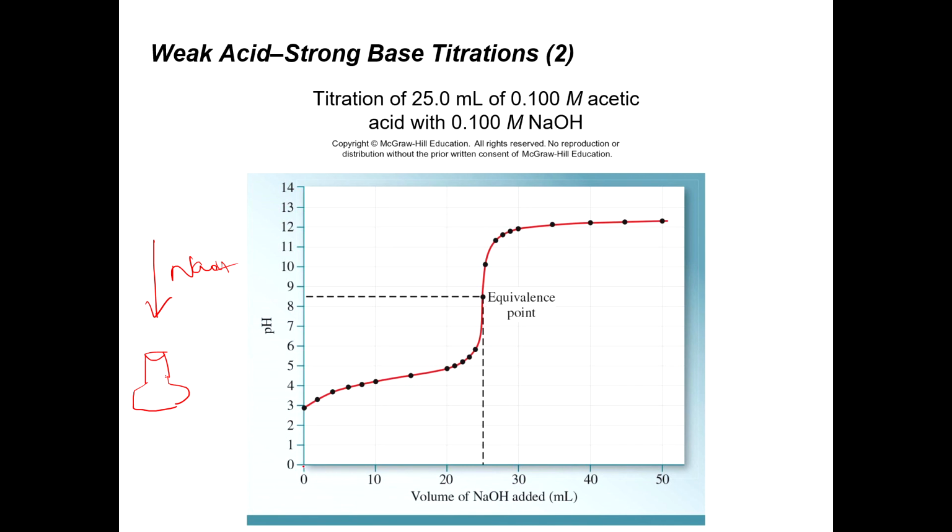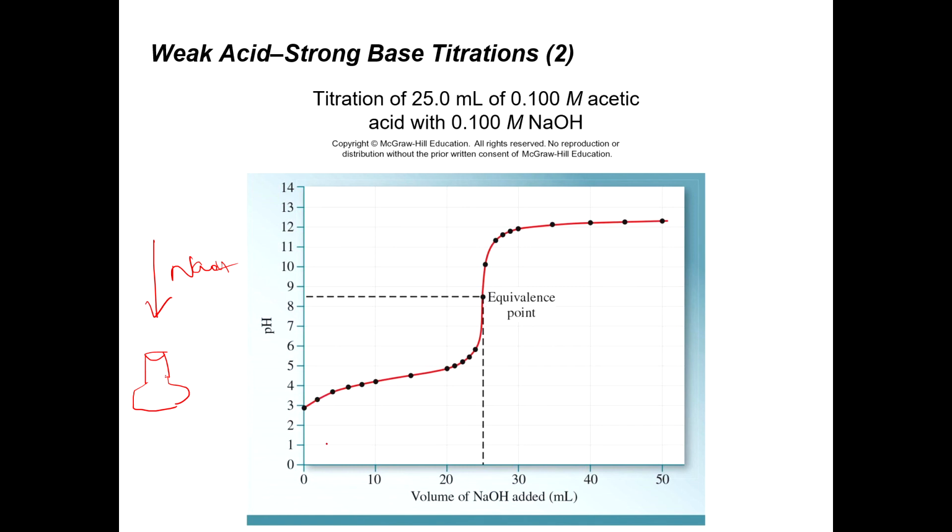When you start your reaction, you did not add any sodium hydroxide, and when you check your pH, the pH was around 2.9. Then, for example, when you add 2 ml of that base, the pH will increase to 3.2 or 3.3.